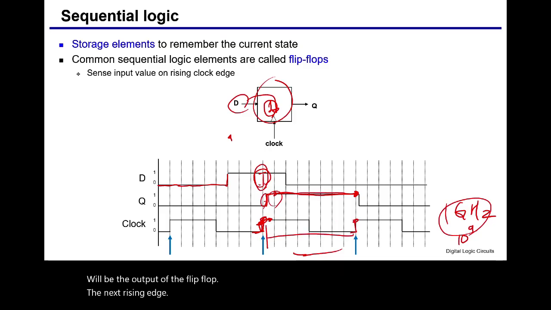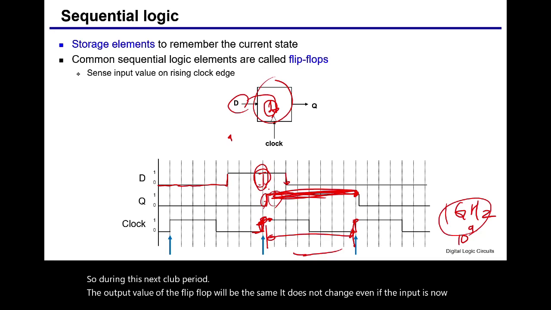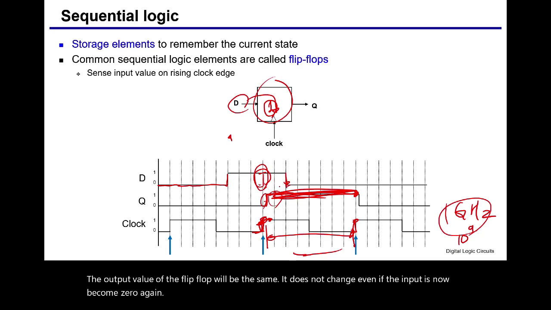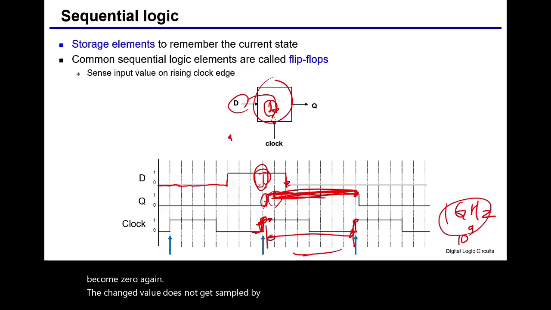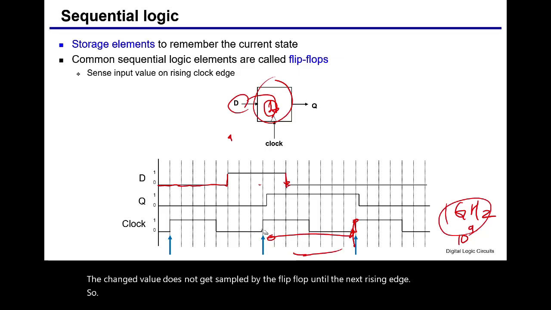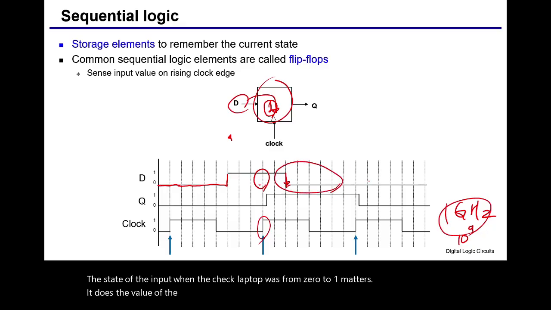So during this next clock period, the output value of the flip-flop will be the same. It does not change even if the input now becomes 0 again. The changed value does not get sampled by the flip-flop until the next rising edge. So the state of the input when the clock toggles from 0 to 1 matters. The value of the input during the clock period doesn't matter.